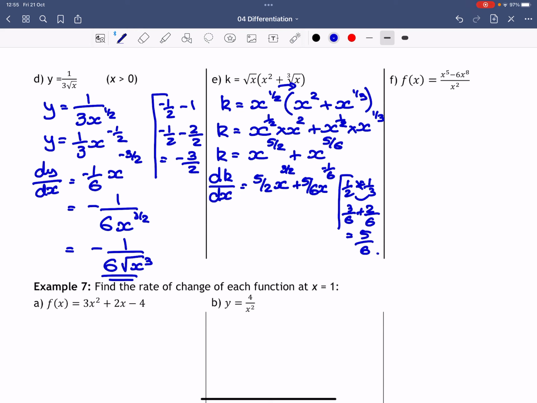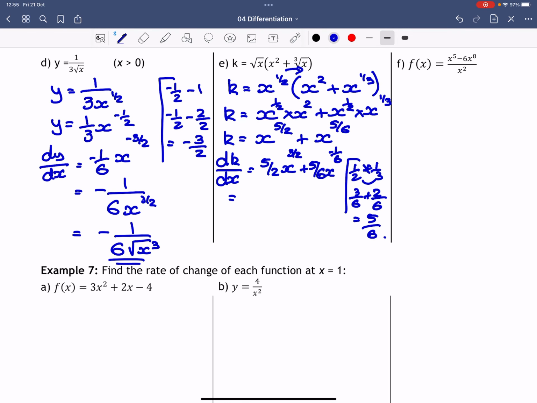And then put it back into positive radical form. So we have a positive power, so we keep the x on the top. So that's equal to 5x to the power 3 halves over 2. Plus, we have a negative power, so we want to put it on the bottom.